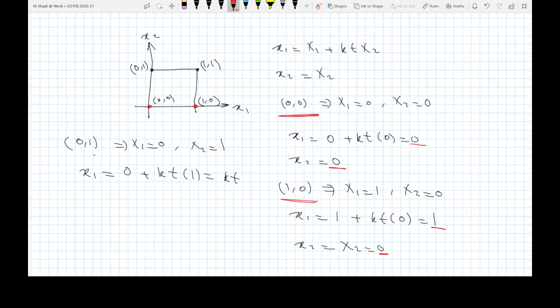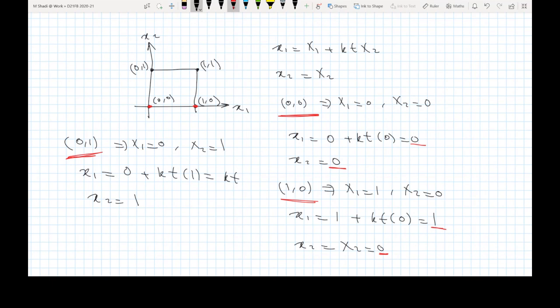Now, if you look into the third point, this one here, (0, 1), you see that it started at (0, 1), but ended up at something different. So x1 is kt, and x2 is basically equal to X2 capital, and X2 capital is 1.